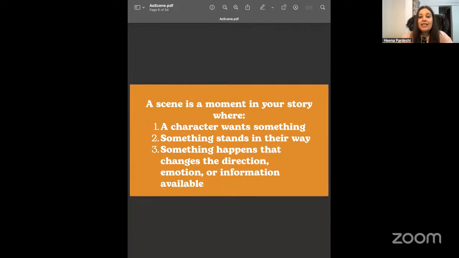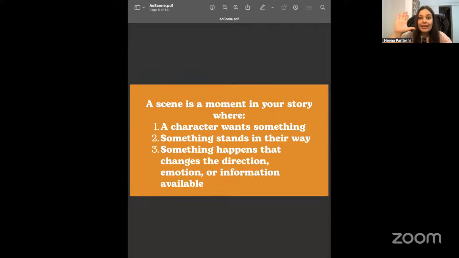A scene is the smallest block of storytelling in which something shifts. Emotionally, situationally, relationally, psychologically, or narratively. It doesn't matter, but something has to shift. If nothing changes by the end of a moment or your scene, then it's not a scene.